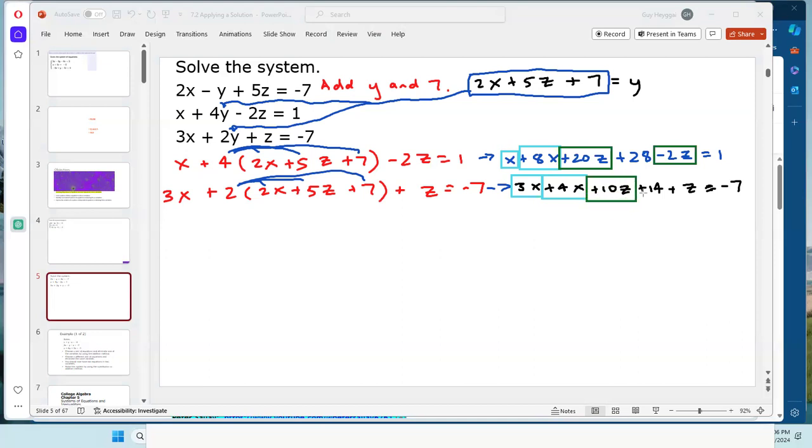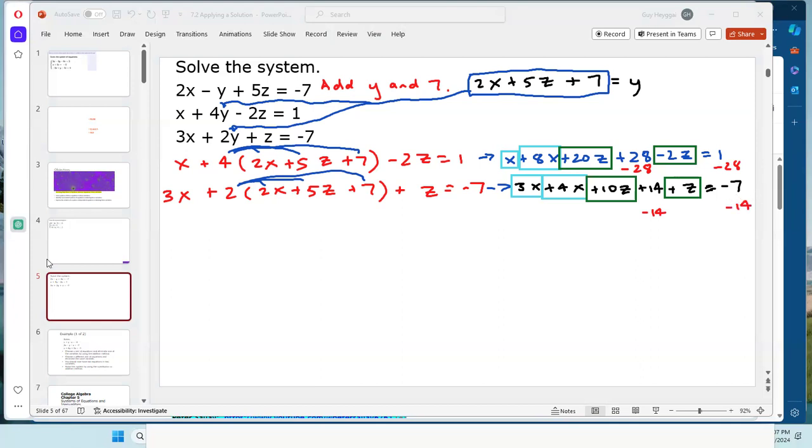And the form that we usually use is kind of like this form here. So we will isolate constants on the right side. So subtract 28 from both sides, subtract 14 from both sides.